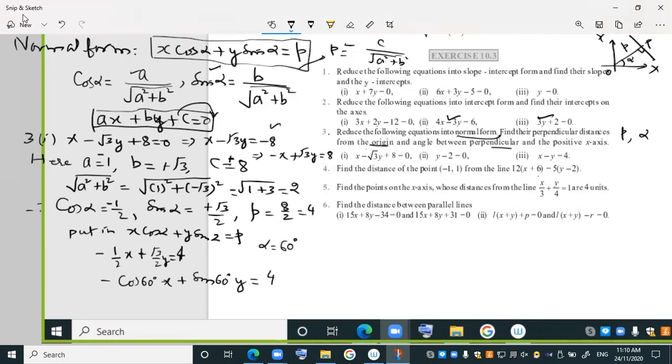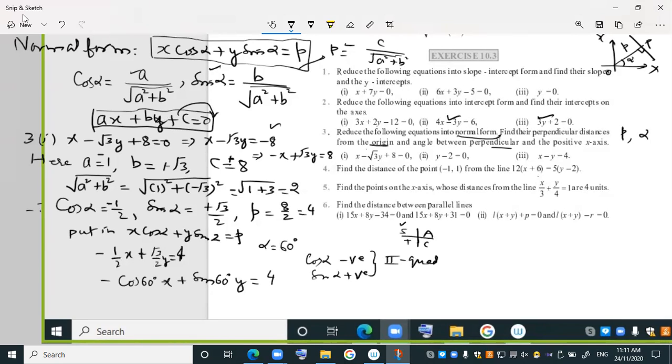So cos alpha is negative and sine alpha is positive, which is possible in the second quadrant. In the second quadrant, all silver teacups. In the second quadrant, sine is positive, cos is negative. So it is possible in the second quadrant.